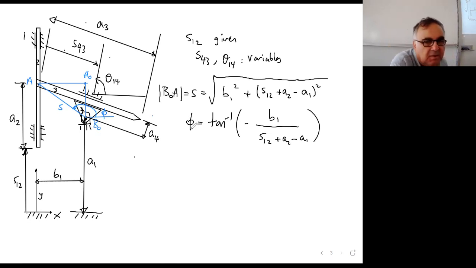we have another triangle here, which is this one. It's not a good color. This one.